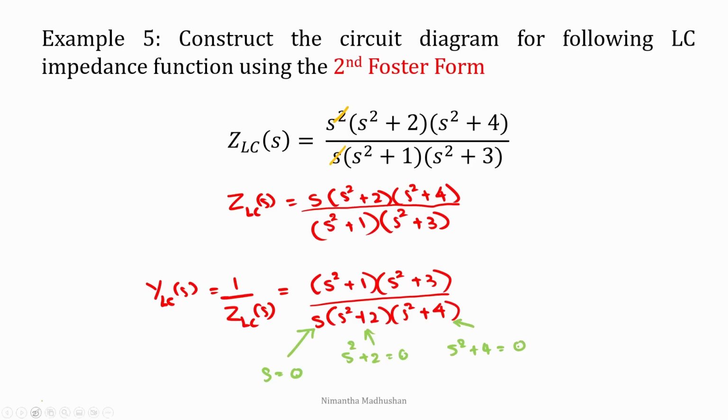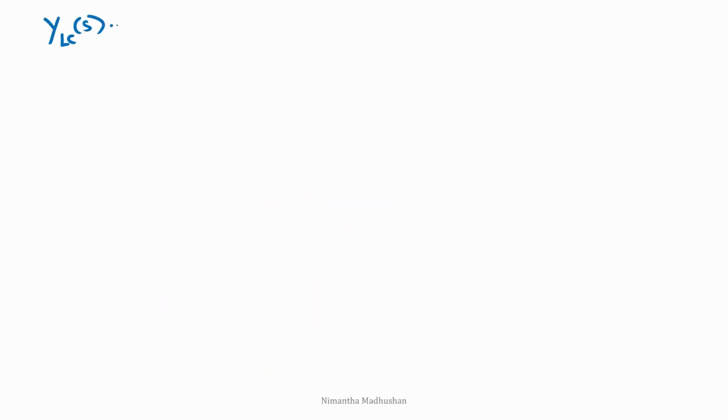Now I will write the partial fraction expansion of this admittance function. Y_LC is equal to (s squared plus 1)(s squared plus 3) over s times (s squared plus 2)(s squared plus 4).